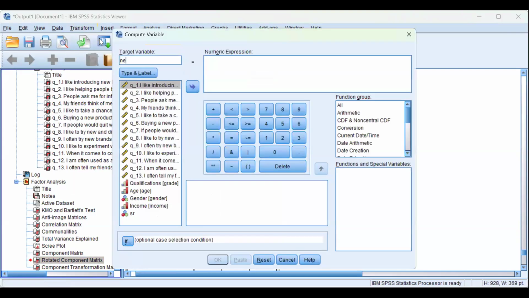And here you write new Q6, since this statement was Q6 only. So you will write here, this was on a 7-point scale, so one scale higher, 8 minus this one.